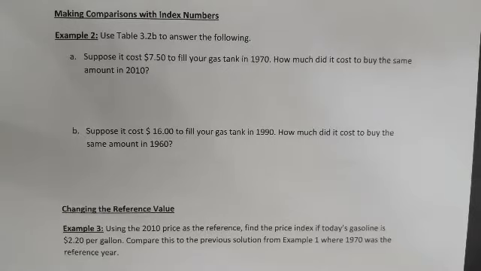So now this one says making comparisons with index numbers. So we talked and defined what an index number was. And so they say use that table to answer the following. Suppose it cost $7.50 to fill up your tank in 1970. How much did it cost to buy the same amount in 2010? So this is sort of like there's a rate that this thing gets inflated.